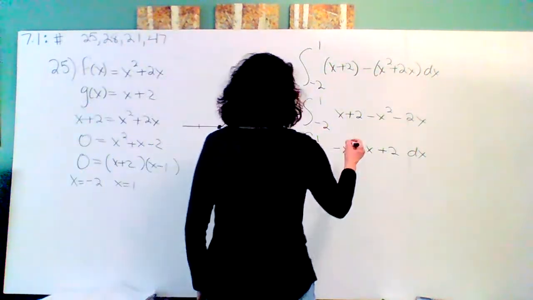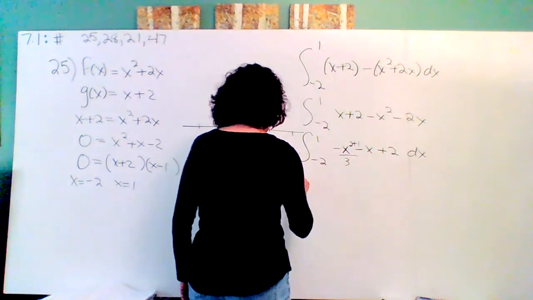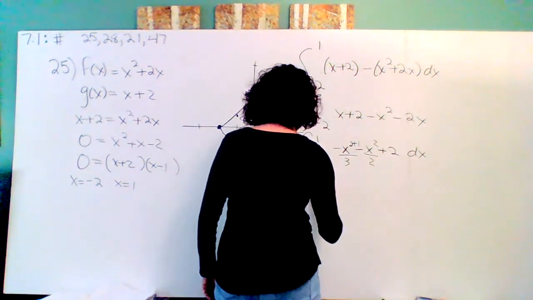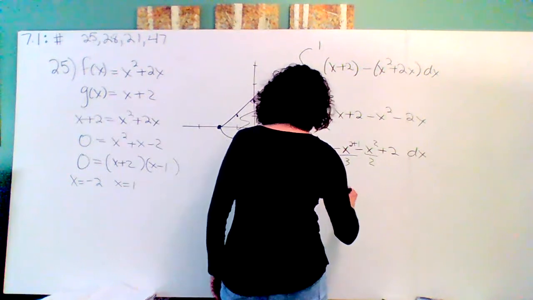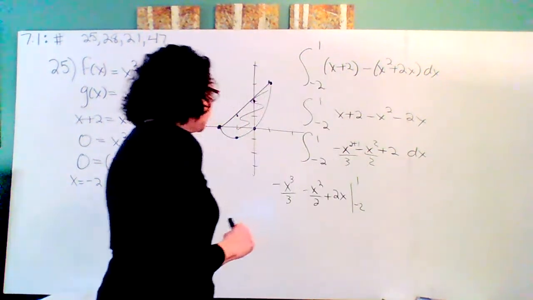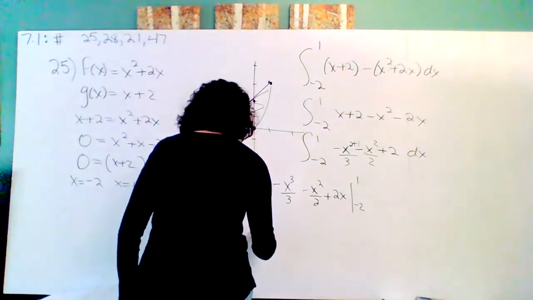Okay, let's integrate. Add 1 to the exponent, divide by the new exponent. And we will do our f of b minus our f of a. Okay, f of b, I'm going to put a 1 in.